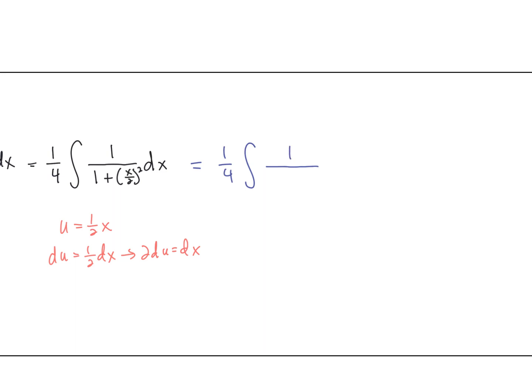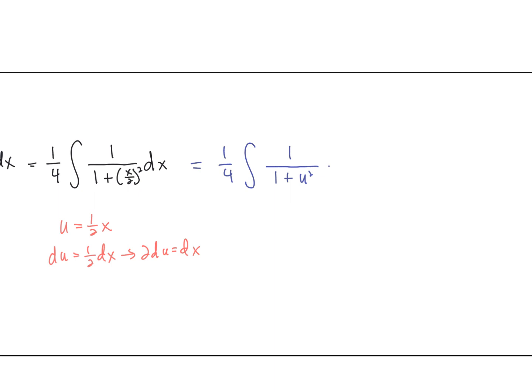Okay, now we'll do our substitution. That x over 2, which is 1/2 x, we'll replace with u. And then that dx we'll replace with 2 du. I'll just kind of do it in steps. So this will be 1 over just u squared, since x over 2 is u.